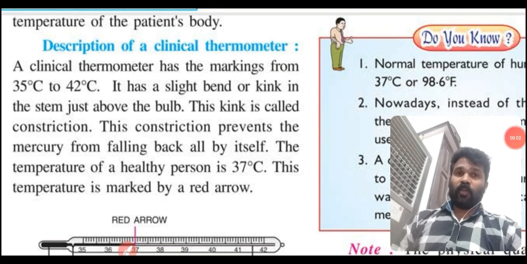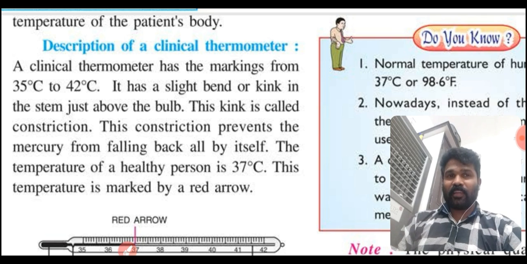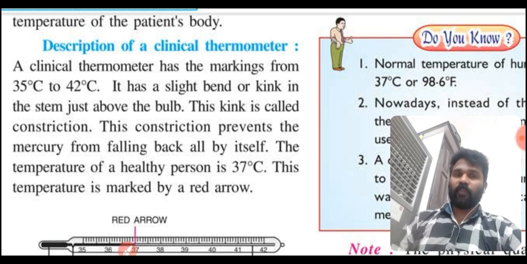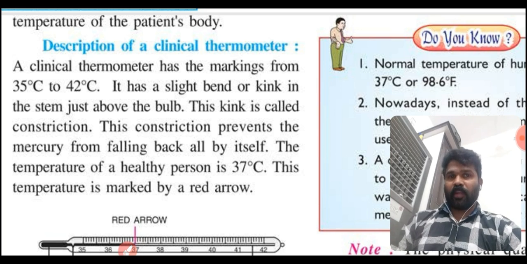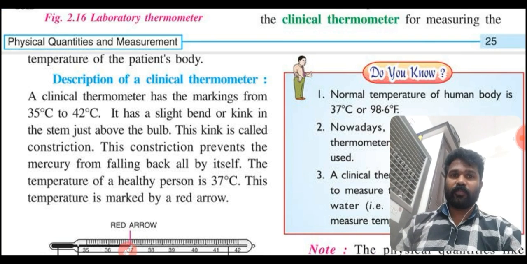Okay, students, here we are going to start our topic, description of a clinical thermometer. Yesterday we discussed that a clinical thermometer is used by doctors to measure the temperature of a human body, especially for patients.